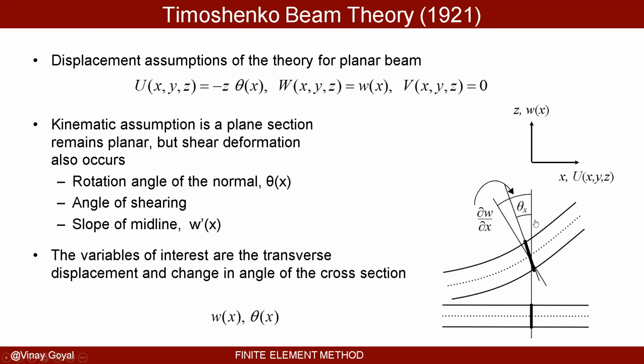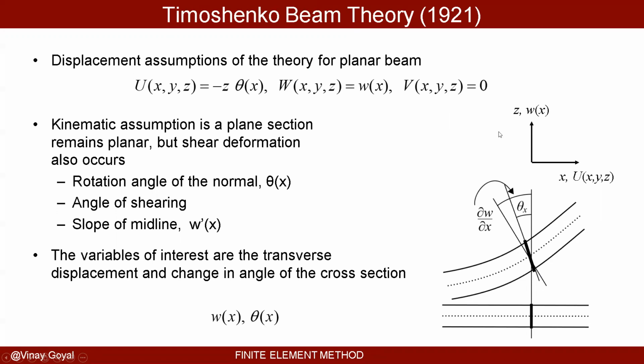So z is the through-the-thickness coordinate of that beam, and theta is the rotation. W uppercase depends only on x. So that transverse deflection w does not depend on the cross section at all. And it only depends on the location along the neutral axis in the axial coordinate.